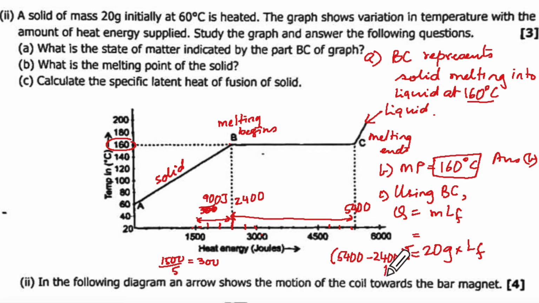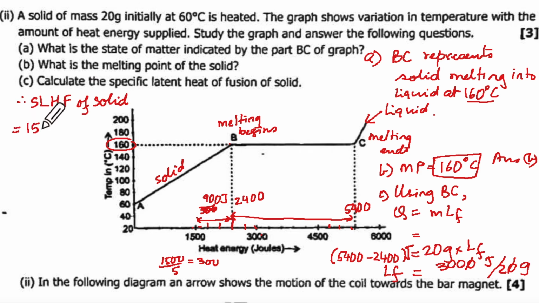So LF is equal to 3000 joules upon 20 gram, 150. So the specific latent heat of fusion of the solid is equal to 150 joule per gram. All right.